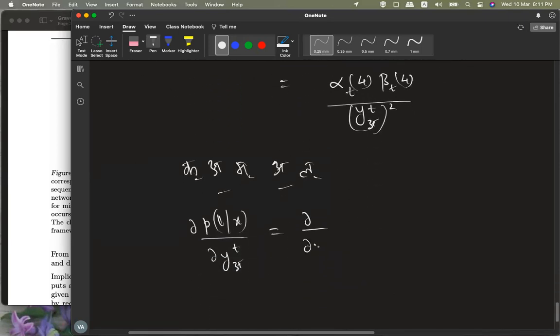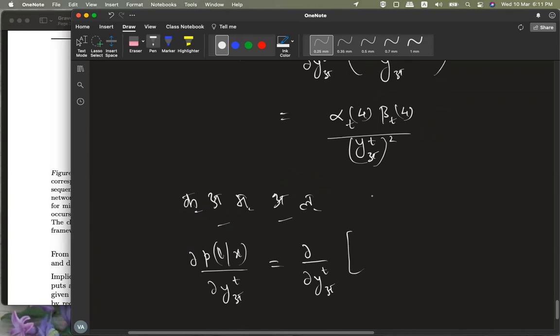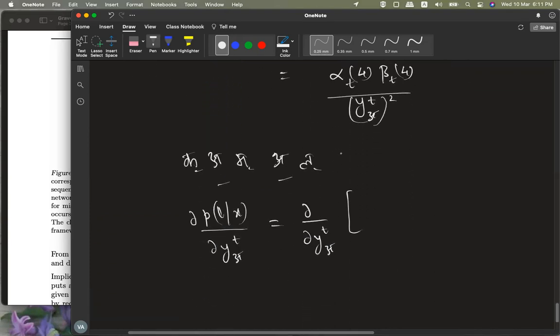Dou y_t times P(l|x). This will be a summation over all s. Now let us see what my l' is. This is my l vector. My l' vector will be blank, blank, blank, blank, la, blank.